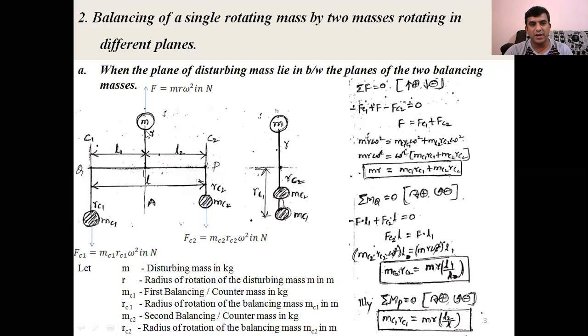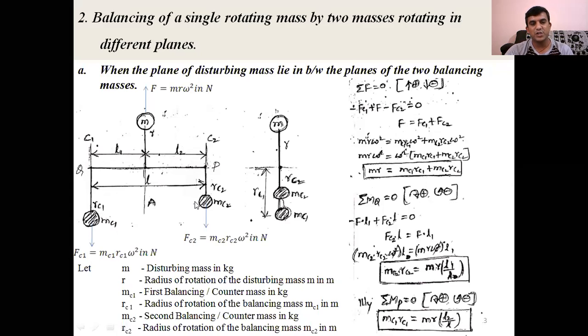Now see the m and r. m is the disturbed mass. mc1, mc2 are the counter masses or balancing masses. Where is the disturbed mass? The disturbed mass is in between the counter masses. Now where is mc1 located? mc1 is located at plane Q at a distance of L1 from the disturbed mass.